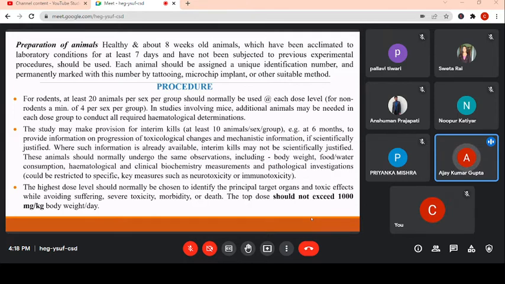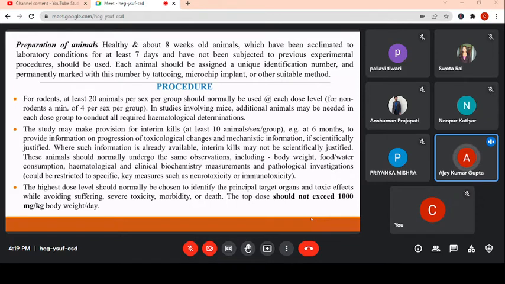In studies involving mice, the number of animals is increased, and additional animals have to be added. So this is rodents versus non-rodents, and among the rodents, the first point of the procedure.